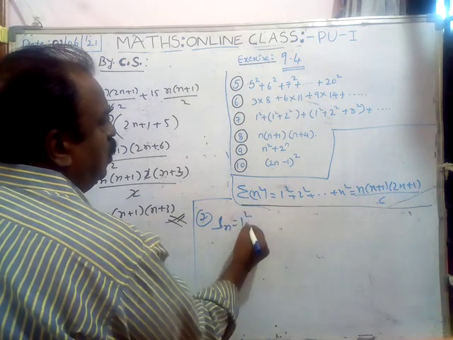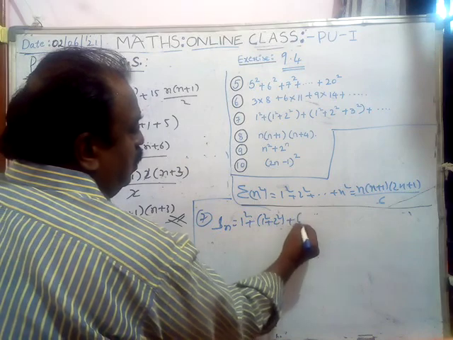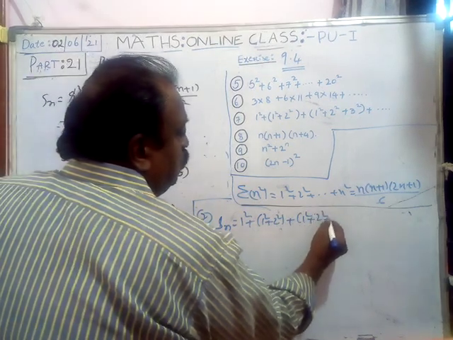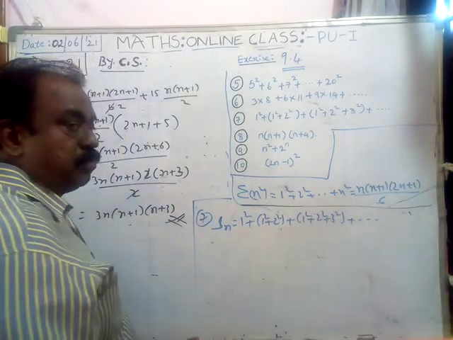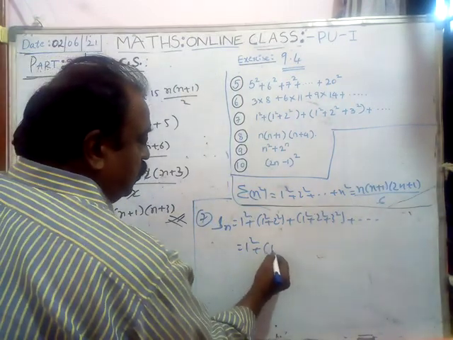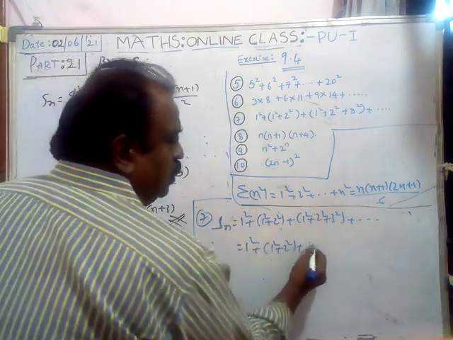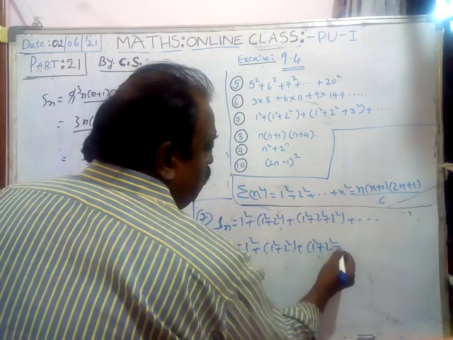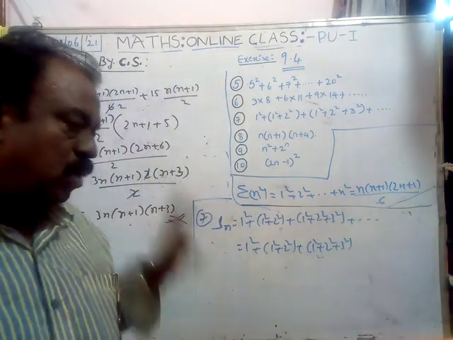Sn is equal to 1 square plus 1 square plus 2 square plus 1 square plus 2 square plus 3 square and going on up to nth term. So what is the nth term? Second term is 1 square plus 2 square. Third term is 1 square plus 2 square plus 3 square. First term is only 1 square.